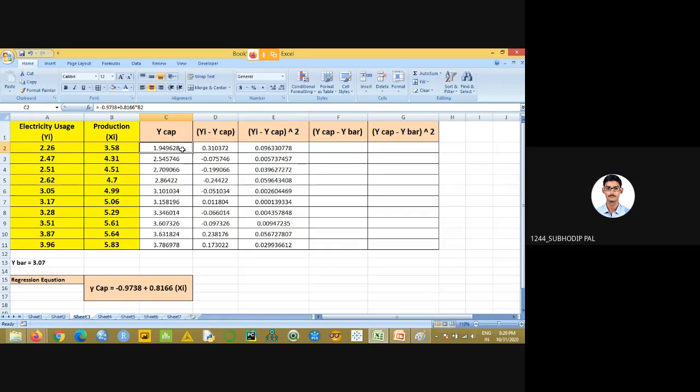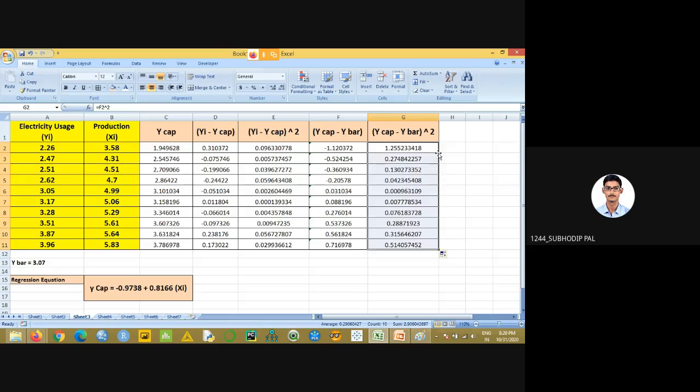Y cap means this one, so equal to this one minus 3.07. Y cap minus y bar. Simply drag it. Perfect. Next is y cap minus y bar whole square, equal to this one whole square. I got all those values.